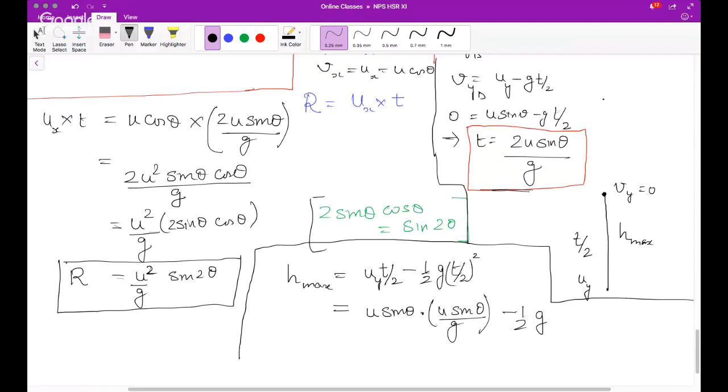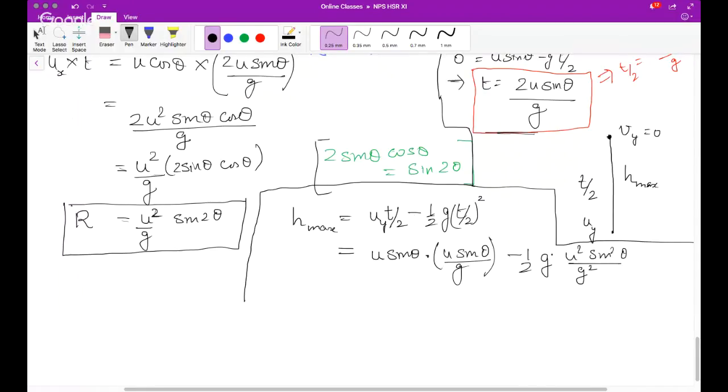So T by 2 is u sine theta by g. That's what we used. And if you square it, what will you get? You will get u square sine square theta by g square.